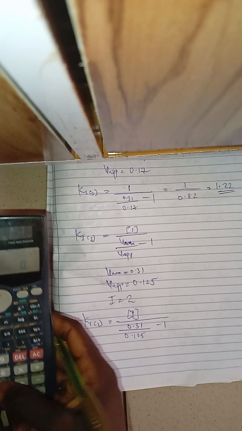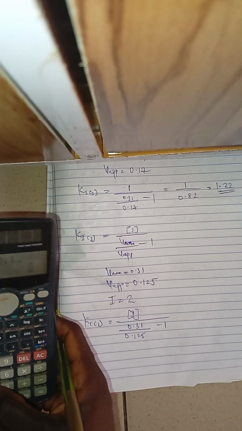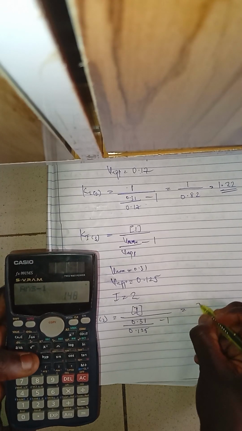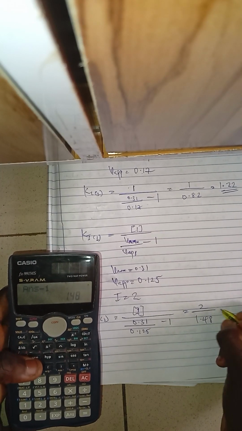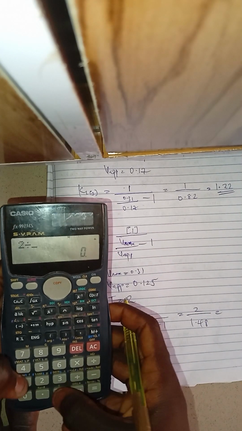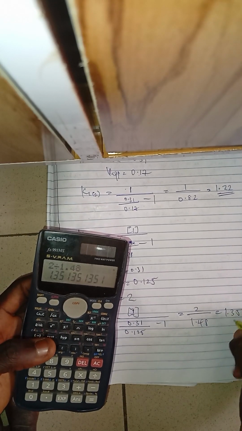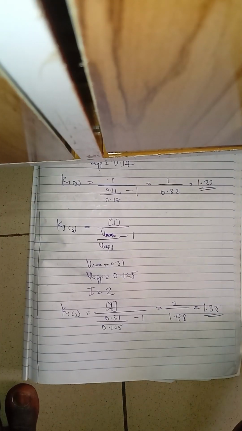So we have 0.31 divided by 0.125, minus 1. We have 1.48. So we have 2 divided by 1.48, that is 1.35 is the third Ki. Do you understand?